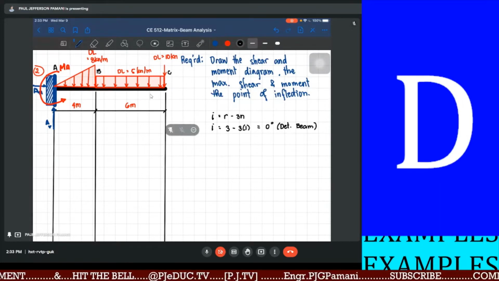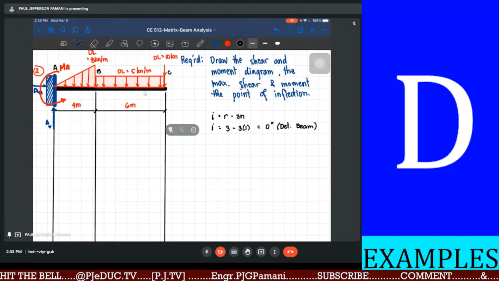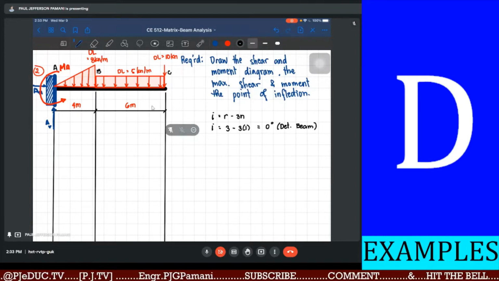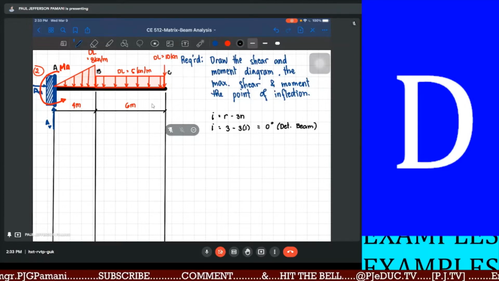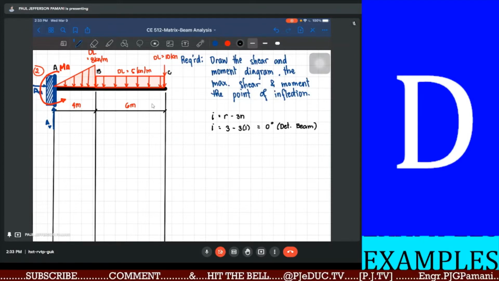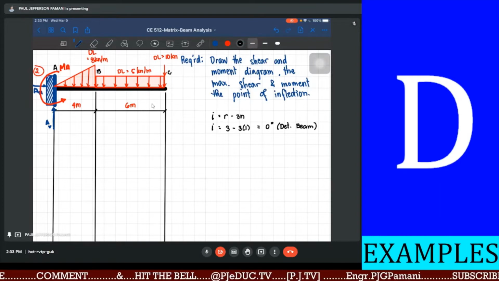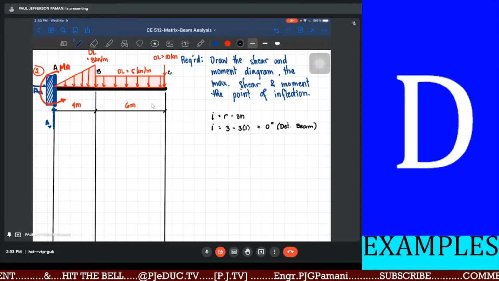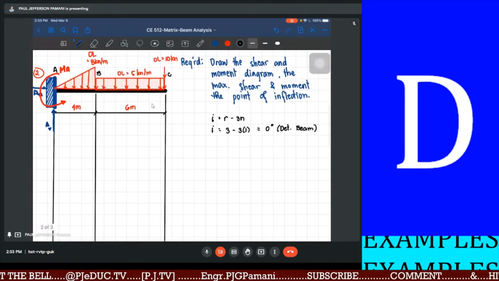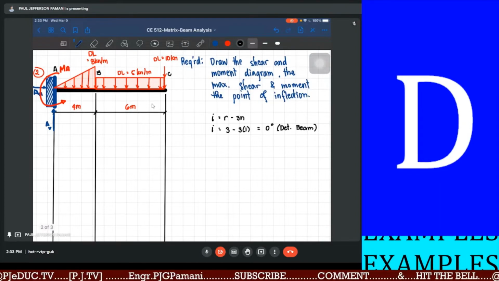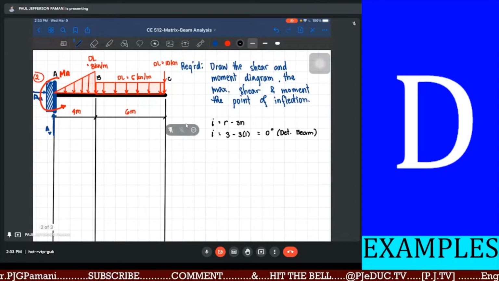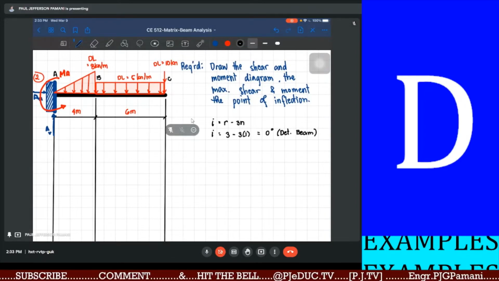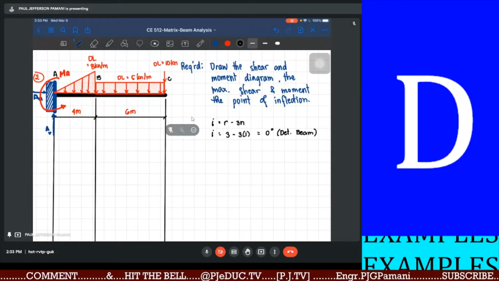So we could then apply our basic or conventional method in solving statically determinate structures. Summation moment about a point, and set the system in equilibrium by summation moment, summation forces horizontal, and summation forces of vertical. Okay? So how are we going to next? Ano susunod after determining the degree of determinacy?